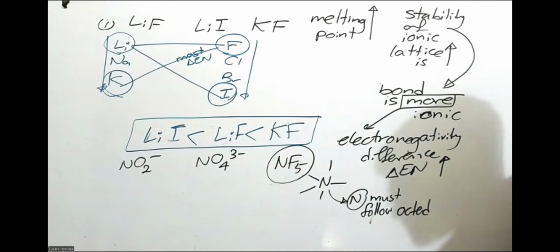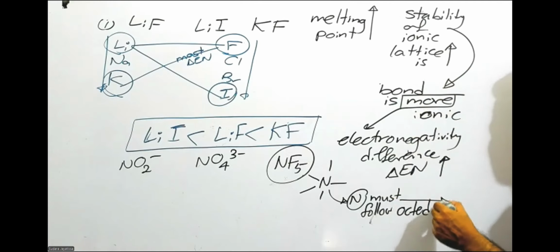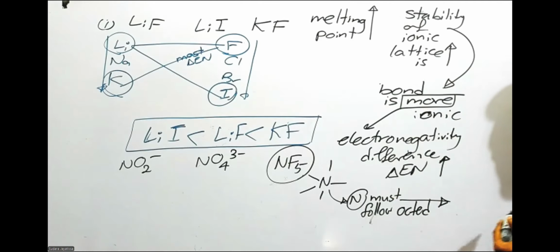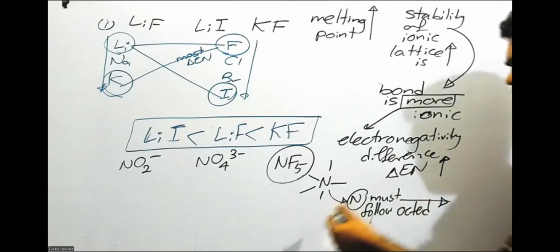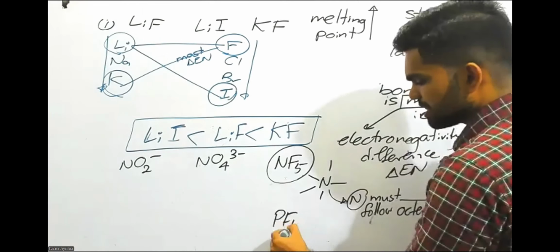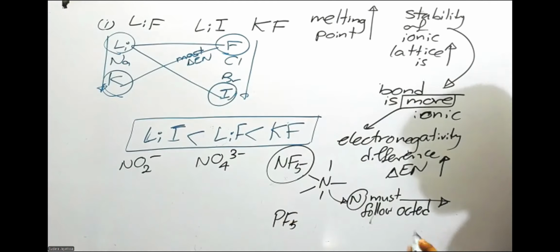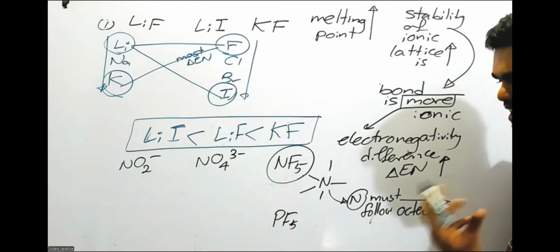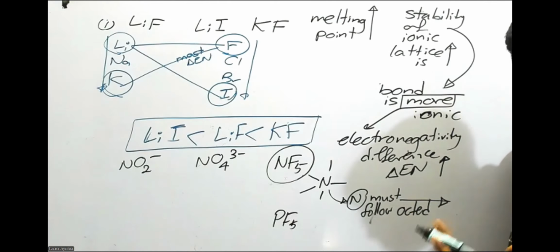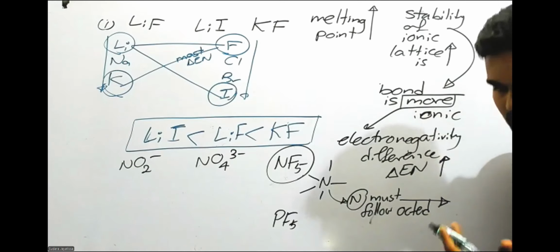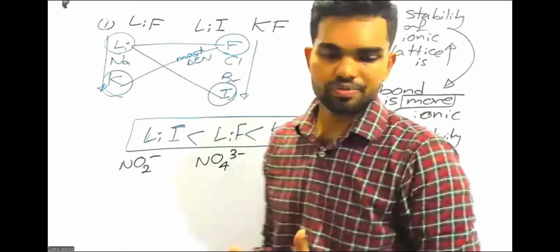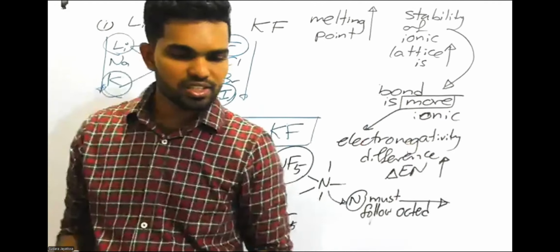Because second period elements can only keep 8 electrons. They don't have d orbitals. But if it is phosphorus, PF5 will exist, because phosphorus can violate the octet. In the third energy level, you have a d sub energy level also, where you can keep electrons. So no issue. Is that clear?